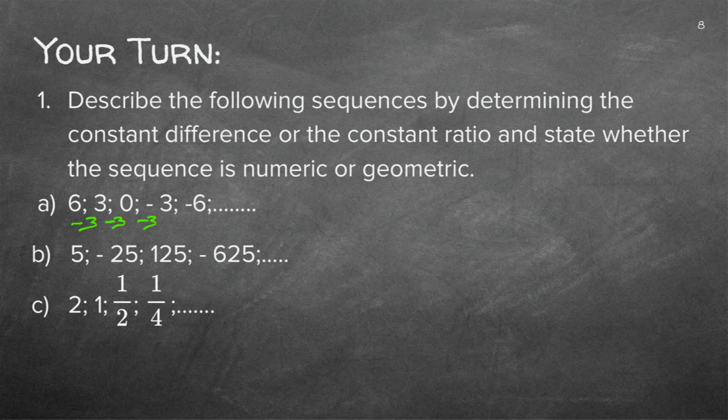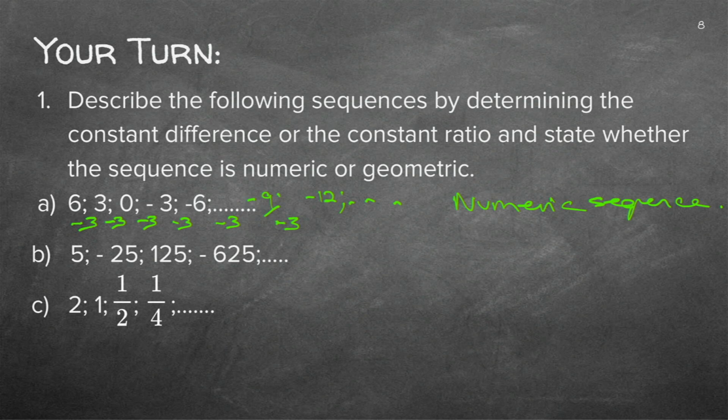Minus 3 minus 3 is minus 6. So we can continue. Minus 6 minus 3 would be minus 9. And don't forget your semicolon. Minus 9 minus 3 is minus 12. And so on. So this is a numeric sequence, and it's got a constant difference of minus 3.